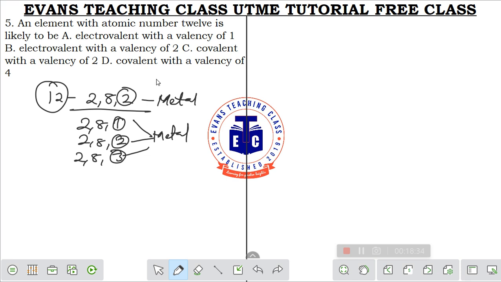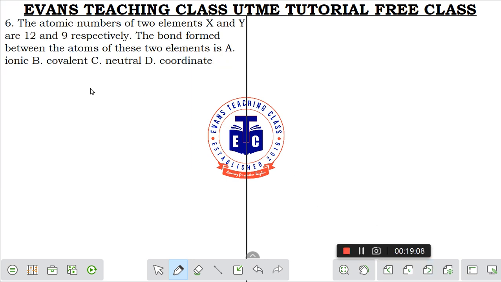So it's going to form electrovalence, because it can combine with a non-metal with a valency of 2. Let's assume the element is element A, it will have a combining power of 2 plus, because it's going to lose 2 electrons. So it is going to be electrovalent with a valency of 2, so that will be option B.